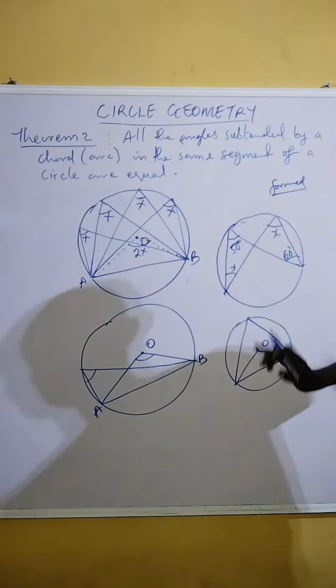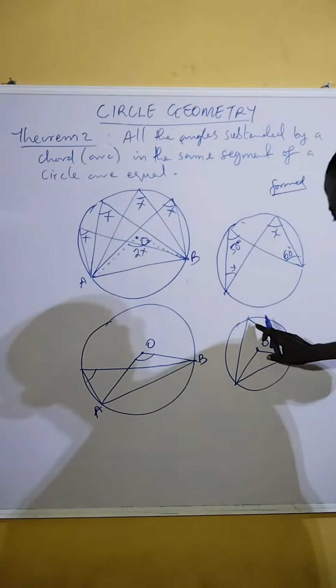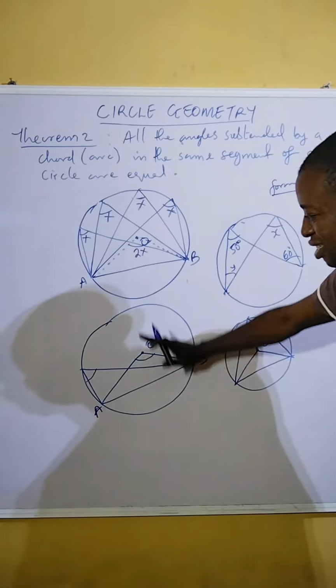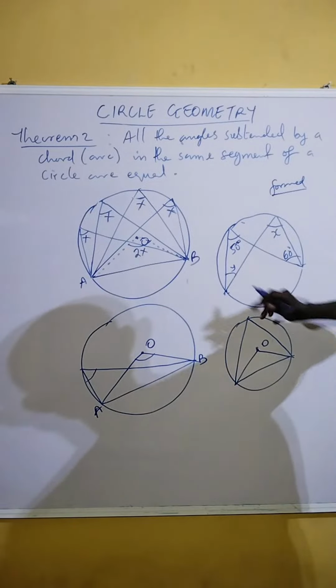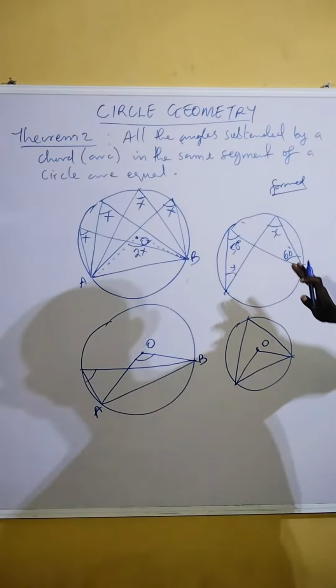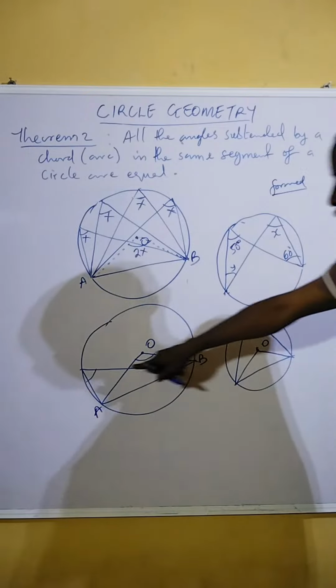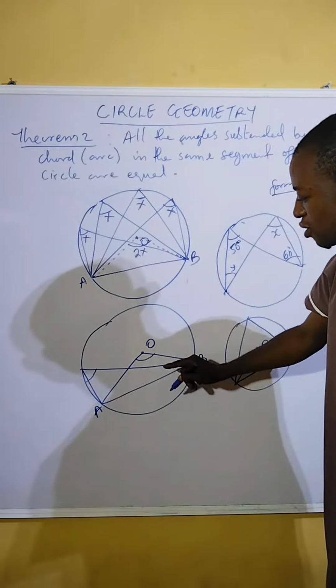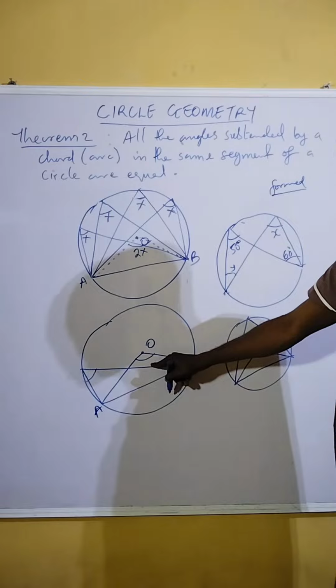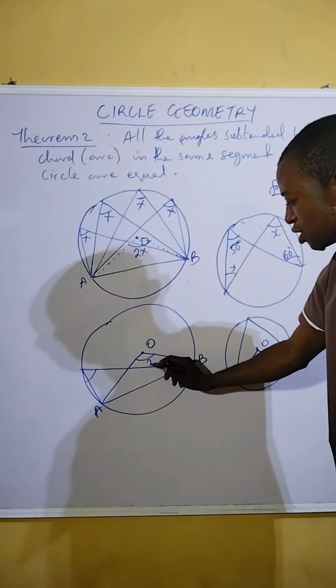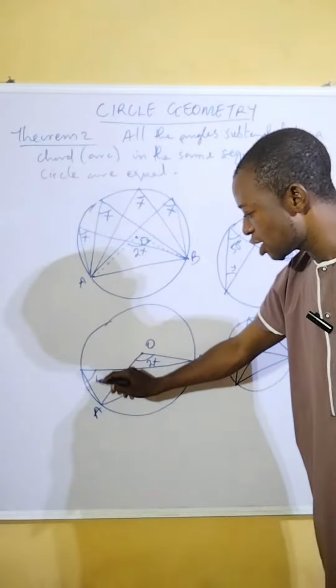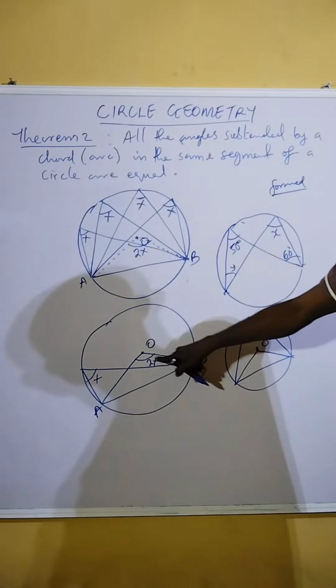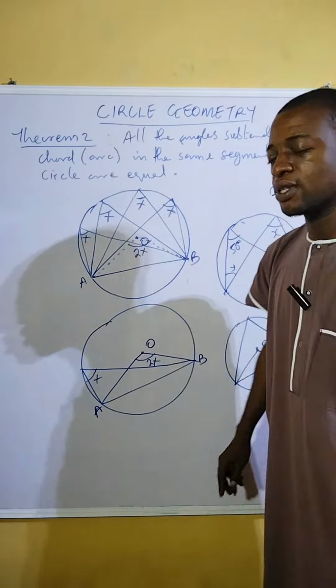The point here is that this angle and this angle, they're in the same segment on the circumference. That's all. So once it is on the circumference, it's corresponding to this angle at center. So if this is 2x, this should be x. Angle at center is twice the angle at circumference.